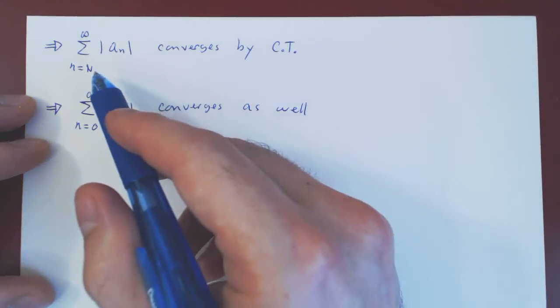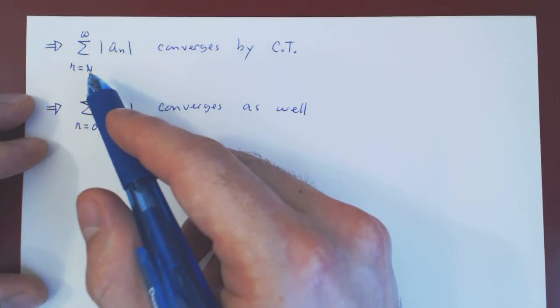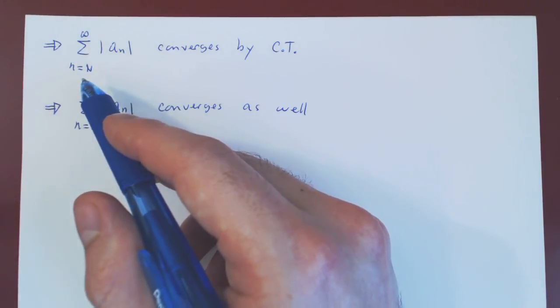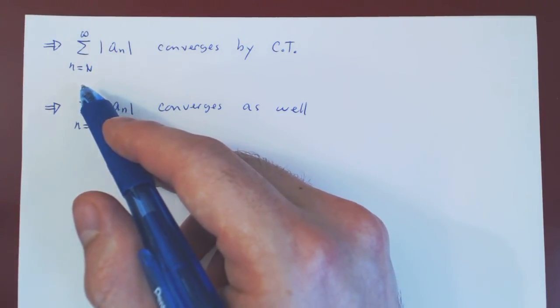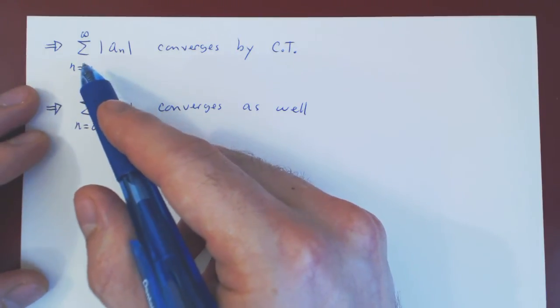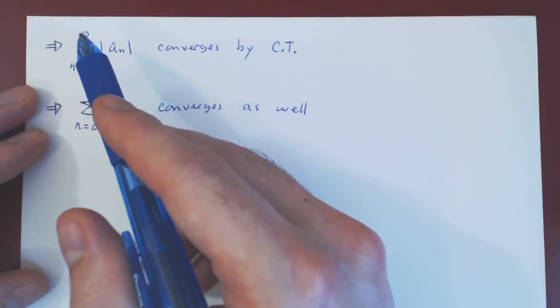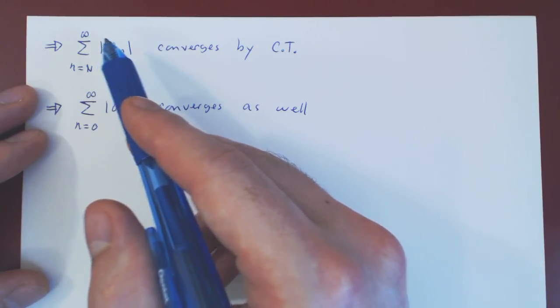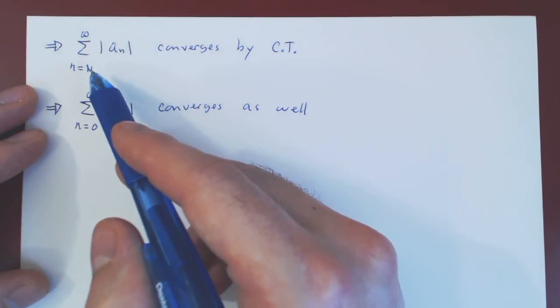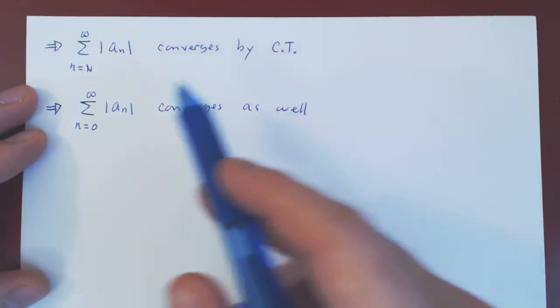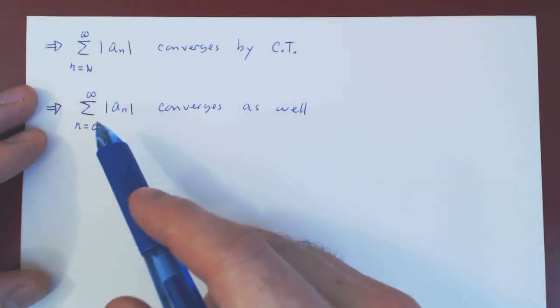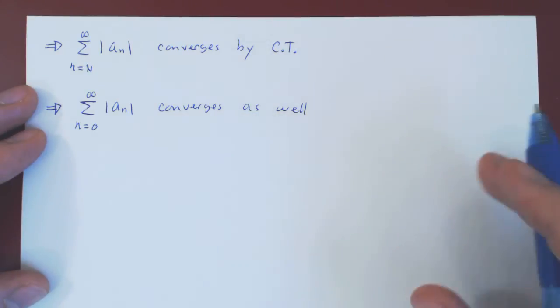As again, if we ignore the first few terms of a series, we are ignoring a finite sum of finite numbers. The result is just a real number. So ignoring the first few terms of a series never affects convergence. So because the series of |a_n| from uppercase N to infinity converges, the series of |a_n| from 0 to infinity must converge as well.